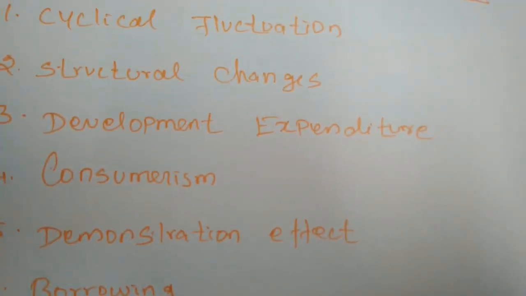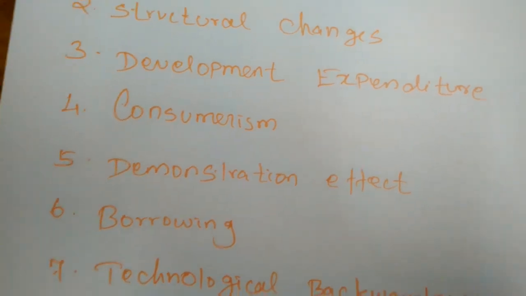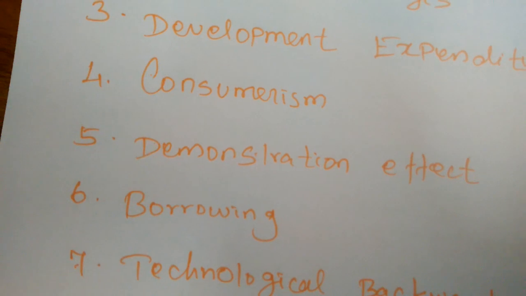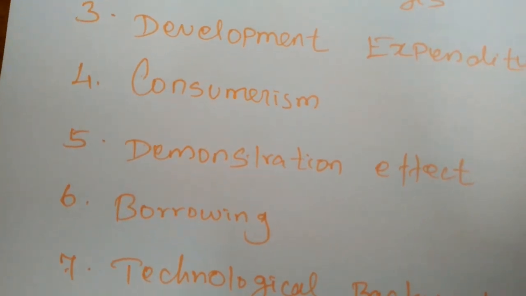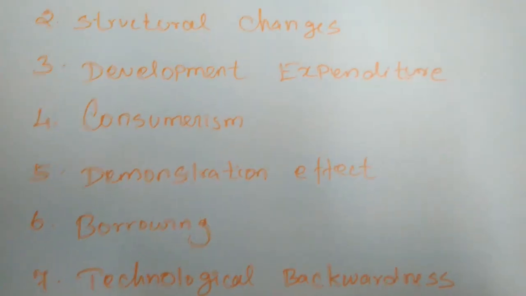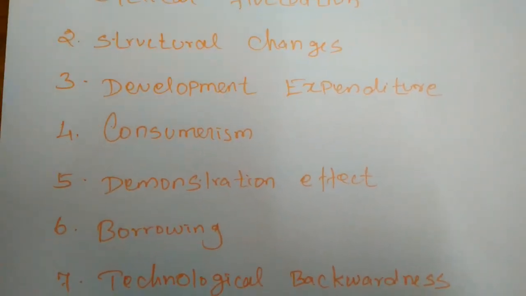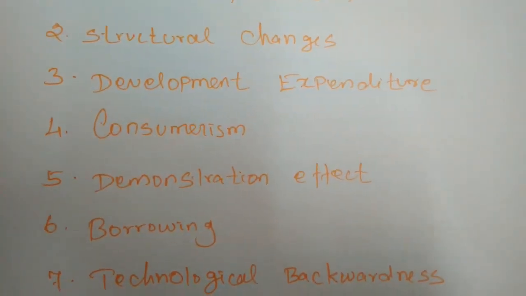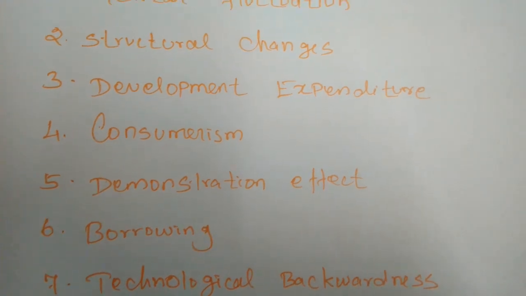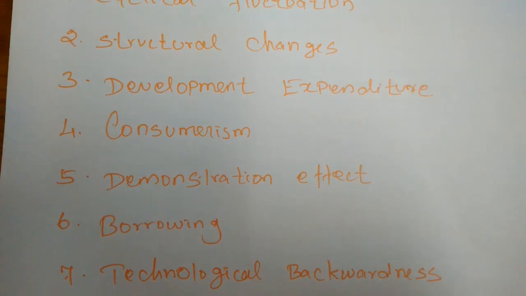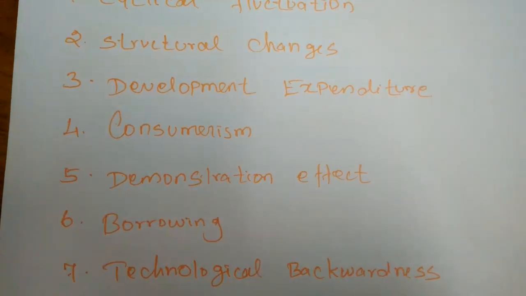Next, consumerism. The balance of payment position of a country is adversely affected by a huge increase in consumption. Even in our nations, which are considered underdeveloped or developing, people have a strong consuming behavior.